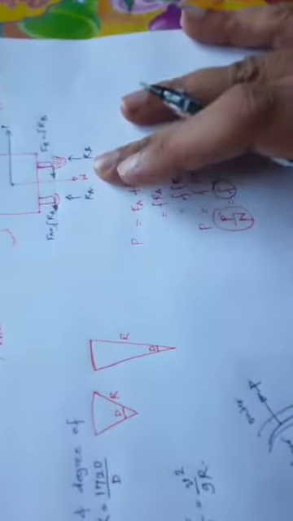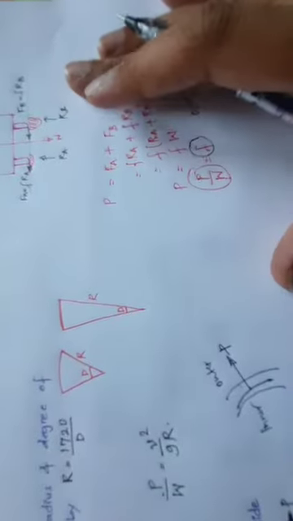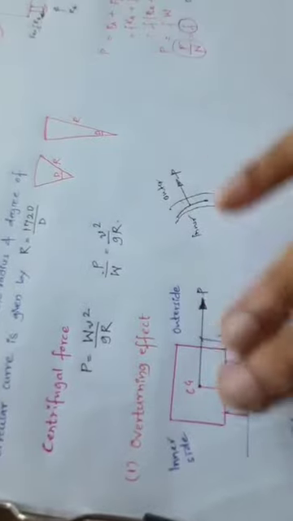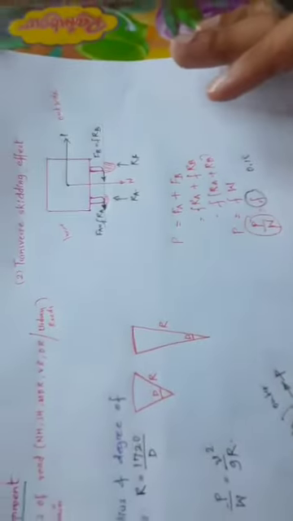Understood? So what does the centrifugal force do? The centrifugal force makes you acquire two conditions, one is the overturning effect and one more is the transverse skidding effect.